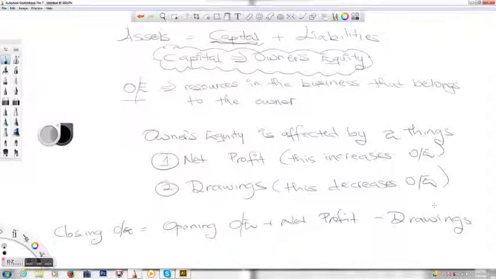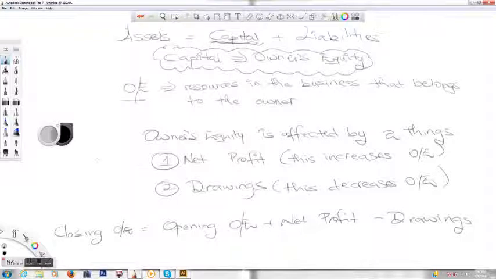Now, drawings is the value of resources that the owner takes out of the business for his or her personal use. That's what we mean by drawings. So owner's equity is affected by two things: net profit and drawings.